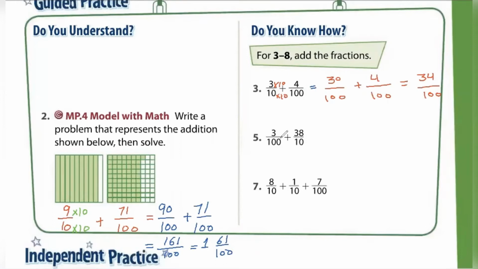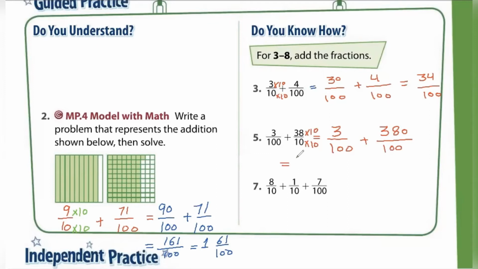Number 5, 3 out of 100 and 38 out of 10. I will convert this denominator into 100 by multiplying up and down by 10. Put here the first fraction, 3 out of 100, plus 38 times 10, which is 380 out of 100.